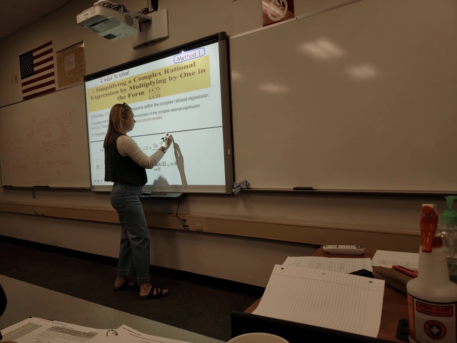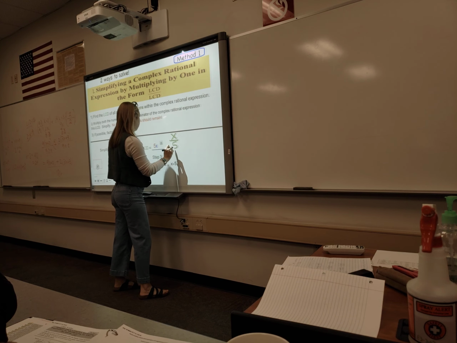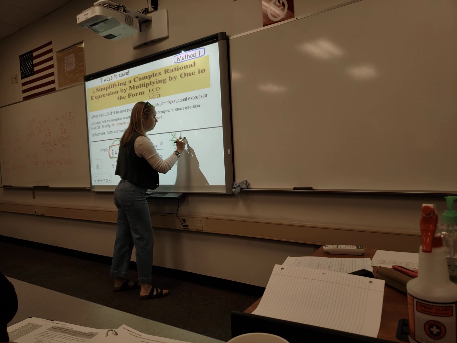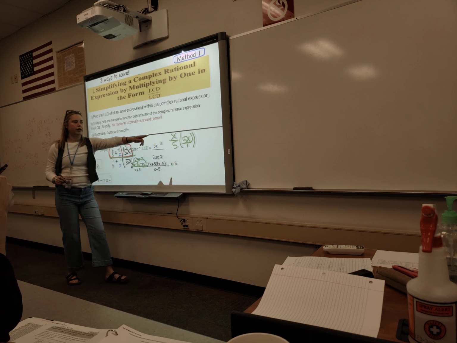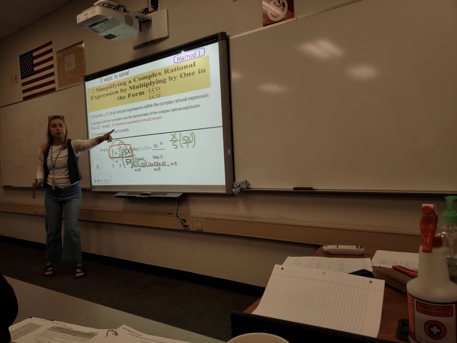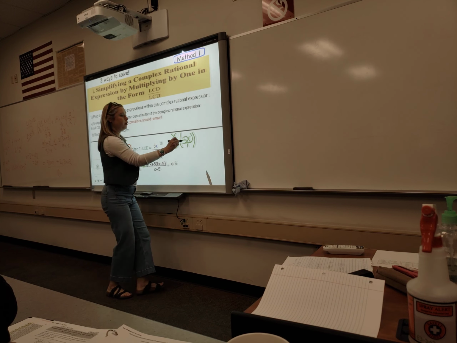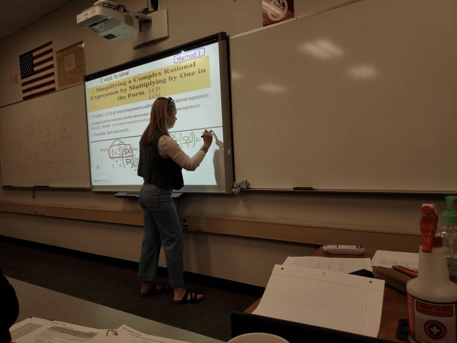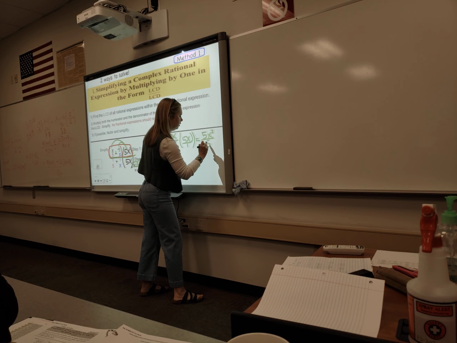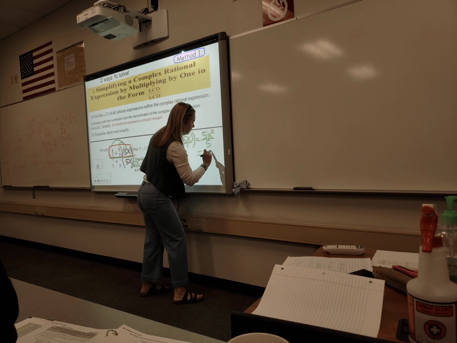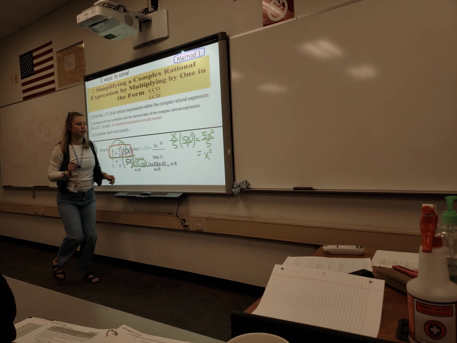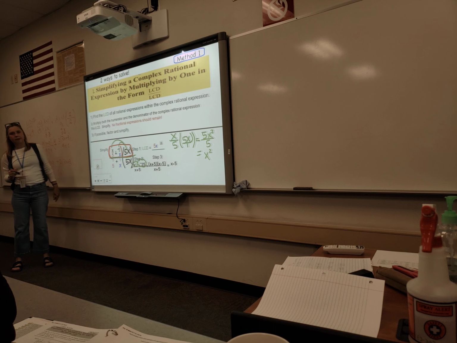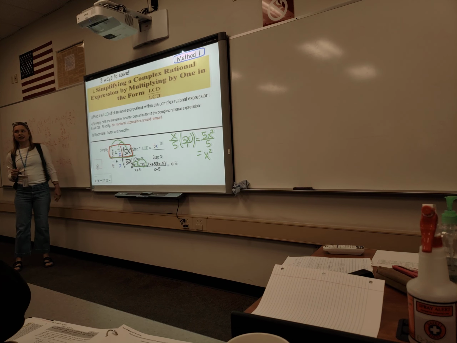For my first fraction, I have x over 5 times 5x. And what you're saying is consider that there's a 1 in the bottom, and then multiply across. So my very first fraction in my numerator is going to look like this. And let me move out of your way.